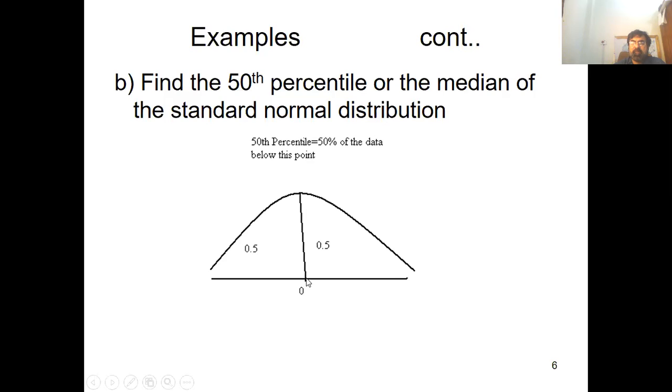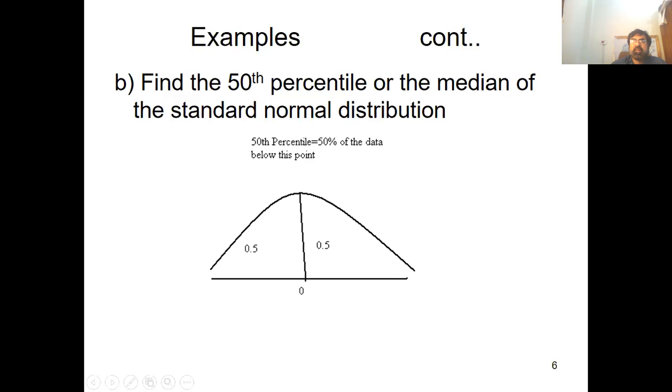The reason is, if a person is included in the 50th percentile, he has not moved from this midpoint either to the right or to the left. So the z-score will become 0. Whenever you move to the right or left of this midline, there will be a different z-score. But for this particular 50th percentile, the z-score is 0.